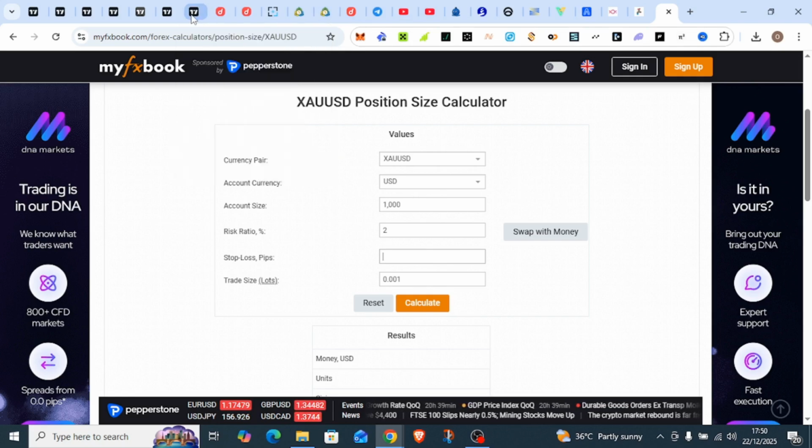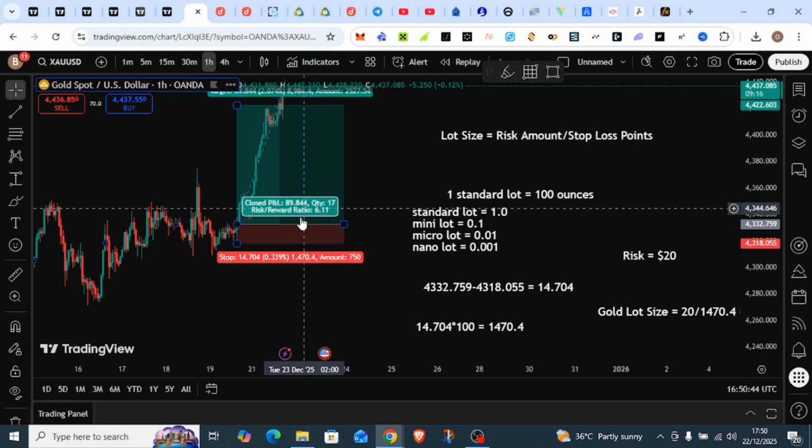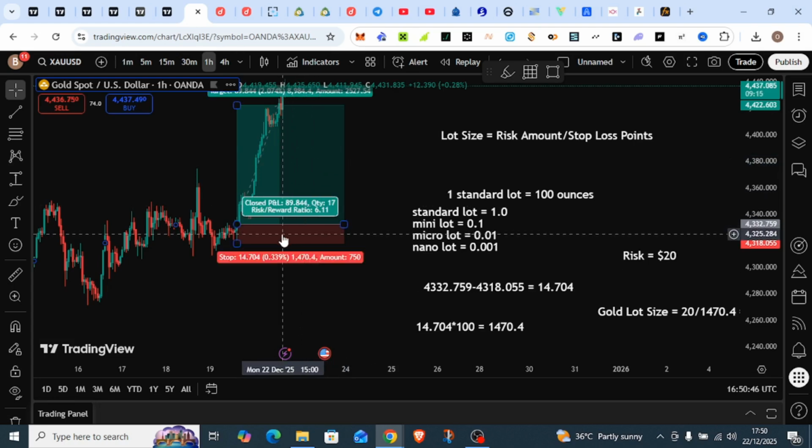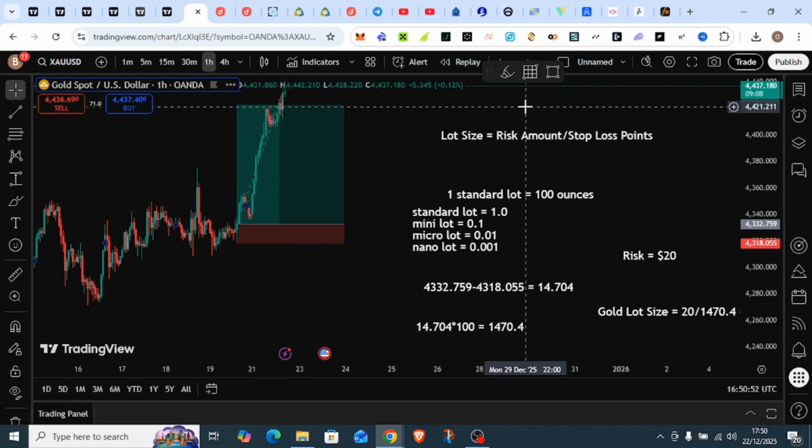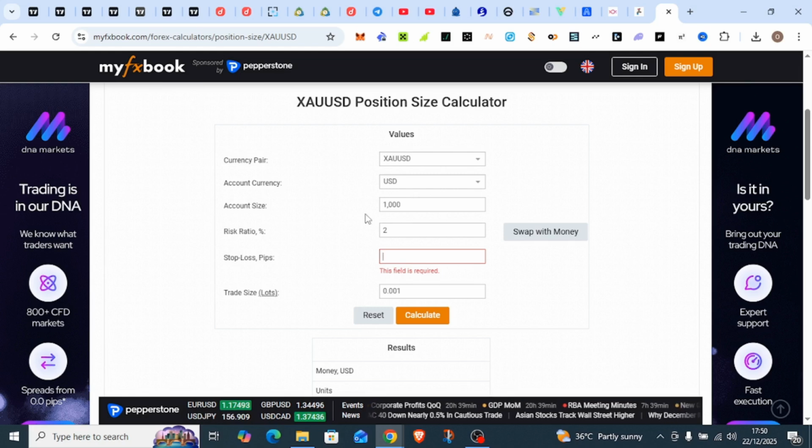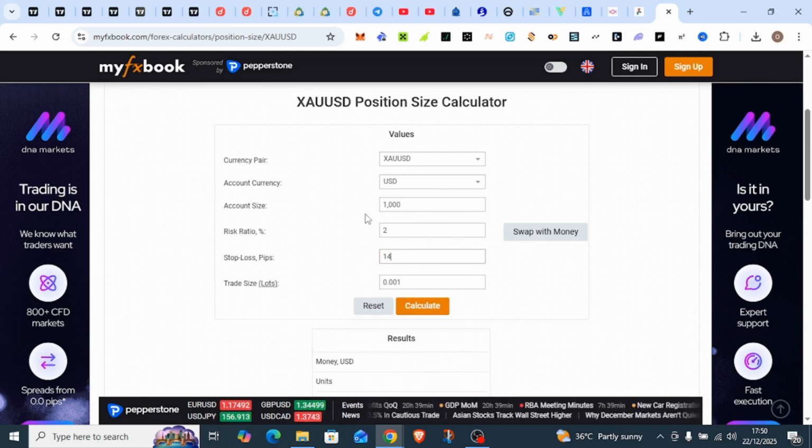Stop loss. Let's come here and get it. So this is it here. The one on the right hand side, which is 1470.4. Choose it. Come here. 1470.4.